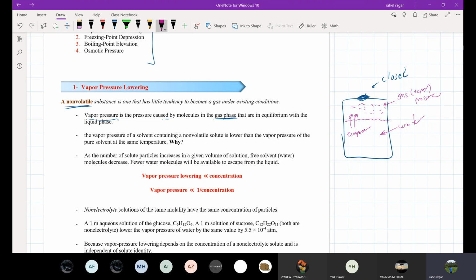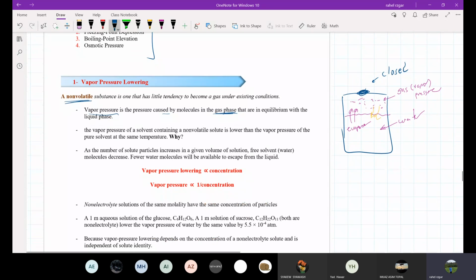So after a while, when the pressure reaches a certain amount, it doesn't let any more water evaporate. Then it starts to condense again. At this point, there is an equilibrium between liquid and gas.